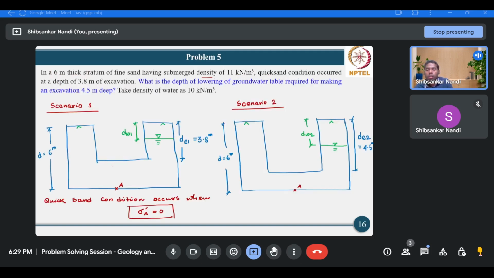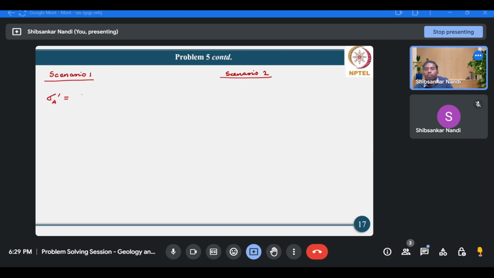Total stress would be gamma sat times this thickness, which is d minus d1 for scenario 1, and d minus d2 for scenario 2, minus pore water pressure.